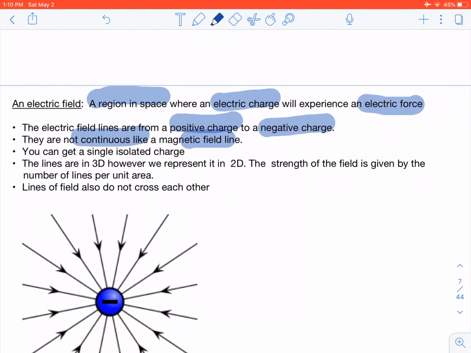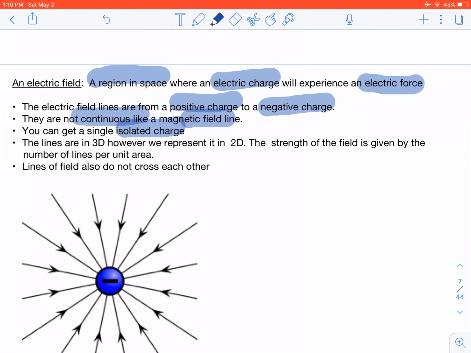And you can get an isolated charge. That means you can get an isolated positive charge, you can get an isolated negative charge. Unlike a magnetic field, where you cannot get monopoles, that's either a north pole or a south pole on its own.